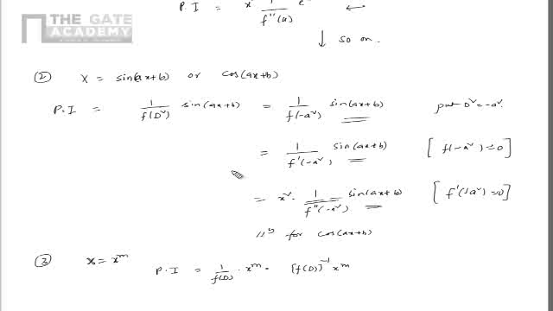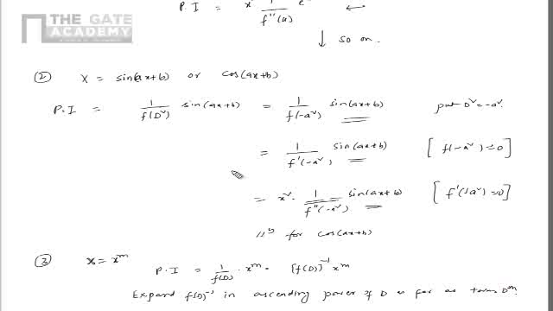So what you have to do is expand f(D) inverse in ascending powers of D as far as the terms D power m. This will be clear when we solve problems.